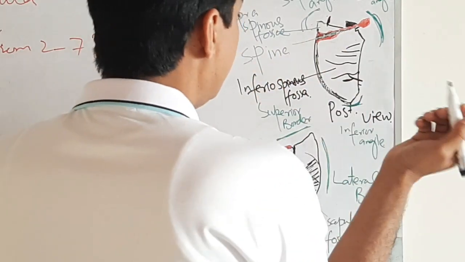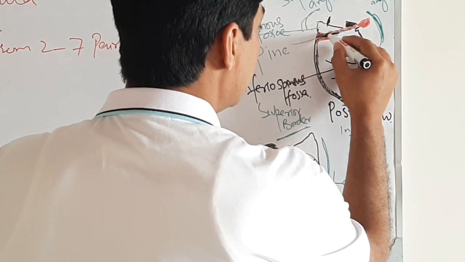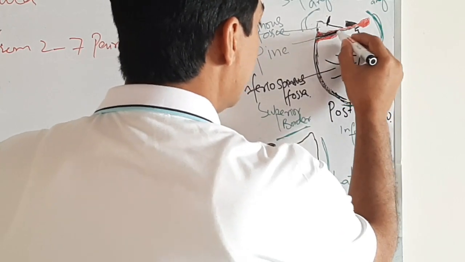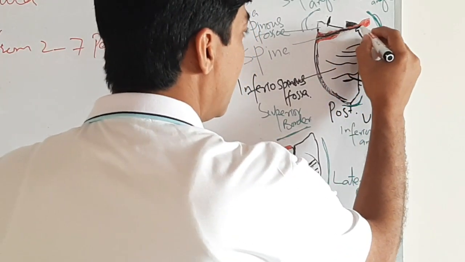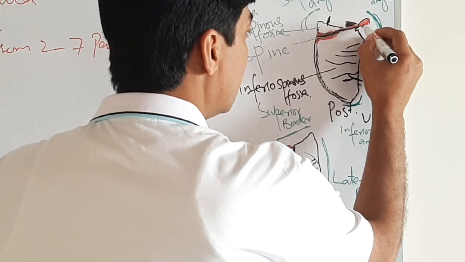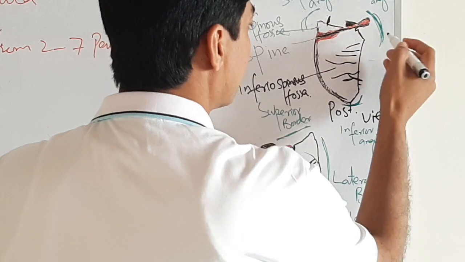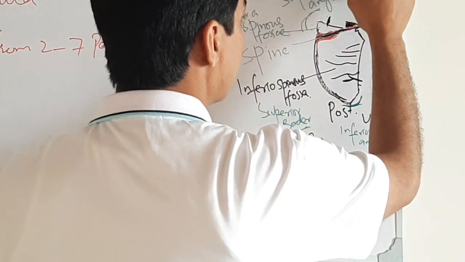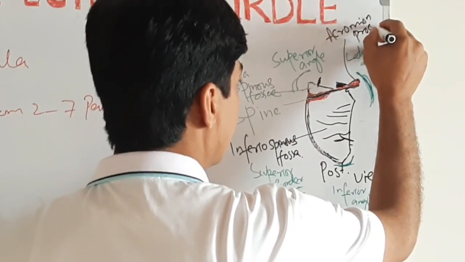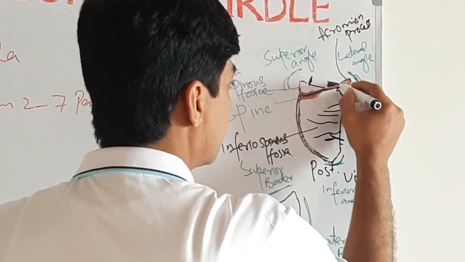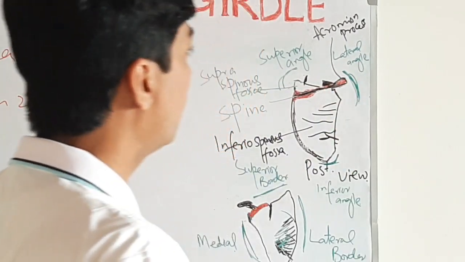As we discussed earlier, the transverse ridge over the posterior side is the spine, and an extension of the spine is a plate-like process called the acromion process.